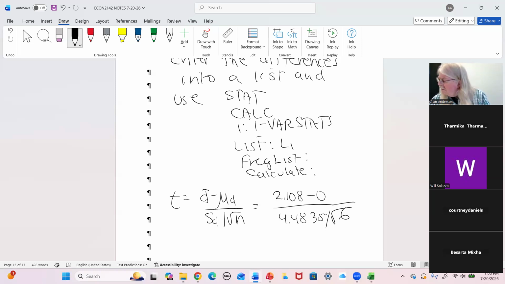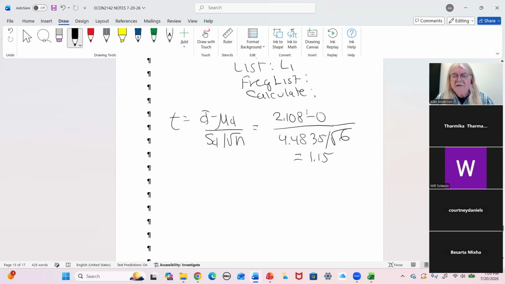Let's see. Yep, 1.15. Now, that's a very small value for the t statistic. The chances are we're not going to reject this null.